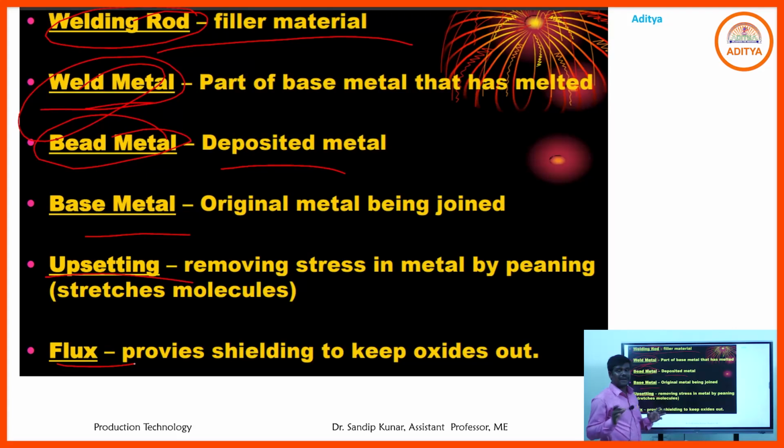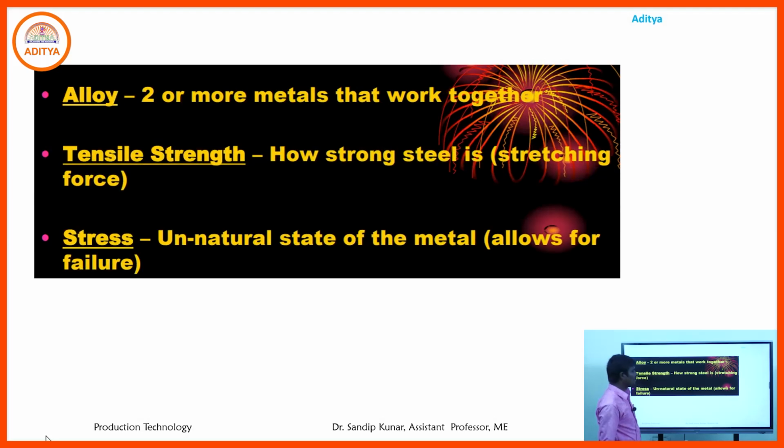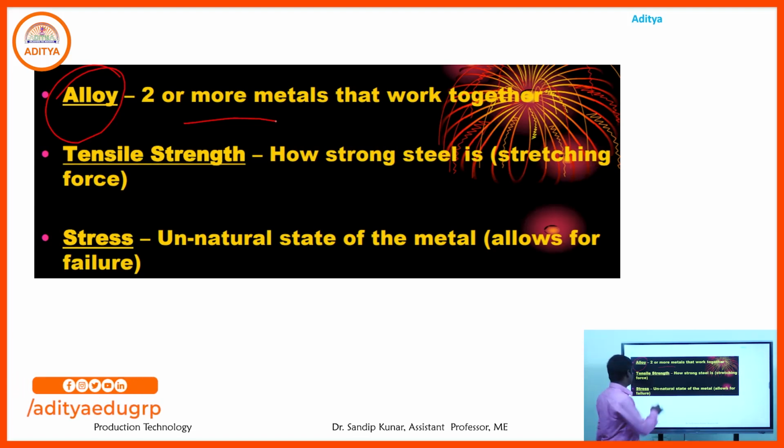Flux: why do we use flux? Flux is used to keep oxide out. For deoxidizing purposes we use flux in the welding operation. Alloy: when two or more metals are added or worked together, it is called an alloy.